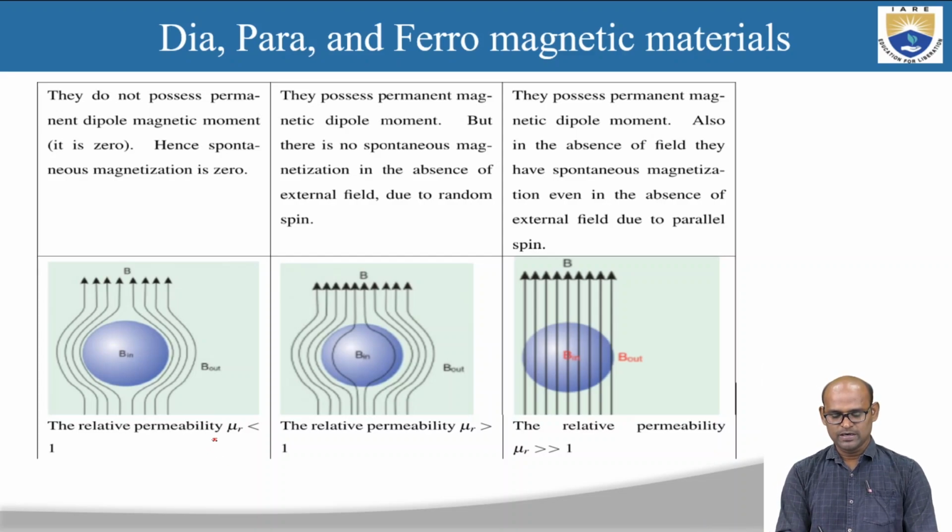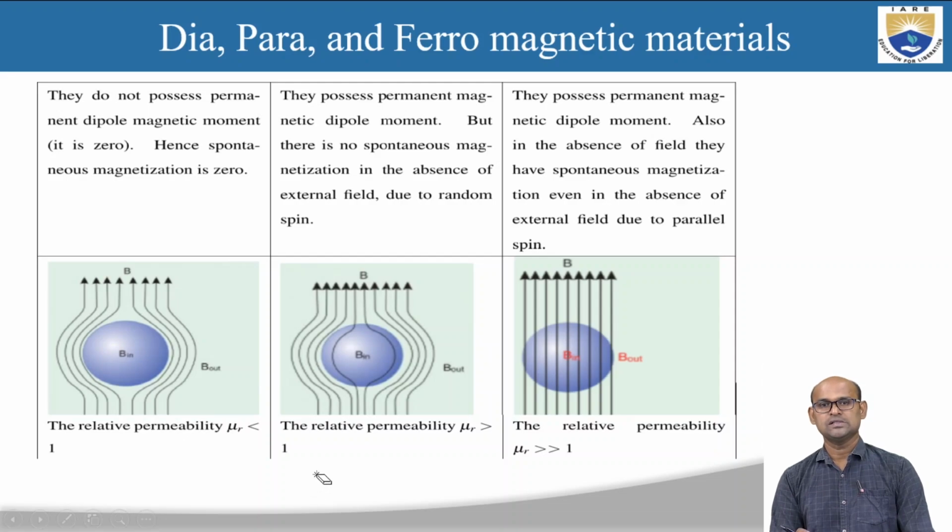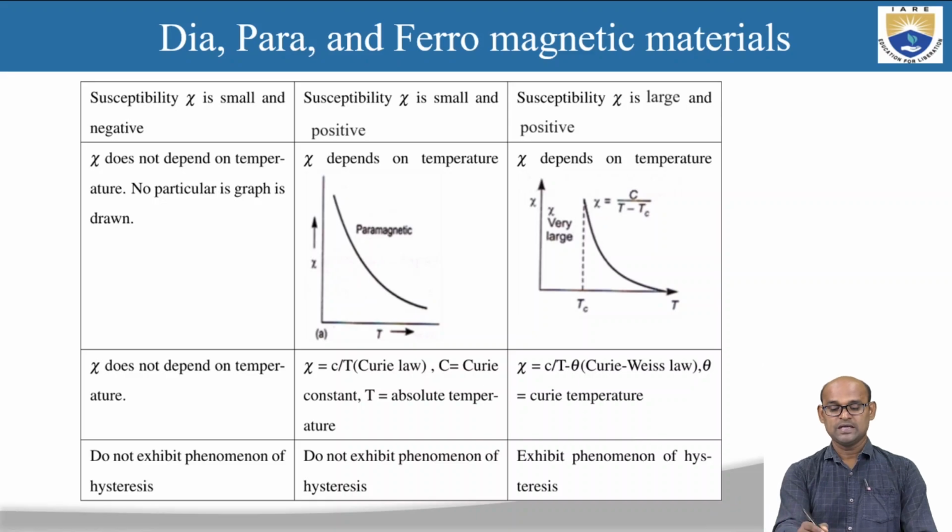The relative permeability is less than 1, actually negative, for diamagnetic materials, greater than 1 for paramagnetic materials, and very large for ferromagnetic materials. Susceptibility is small and negative for diamagnetic materials, small and positive for paramagnetic, and large and positive for ferromagnetic materials.